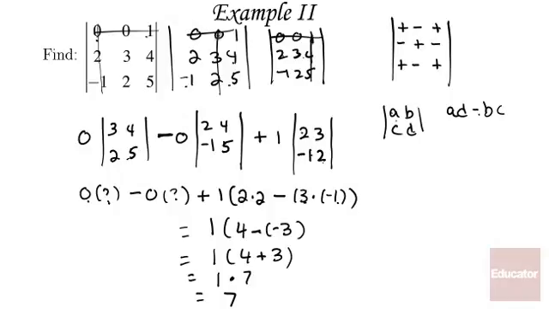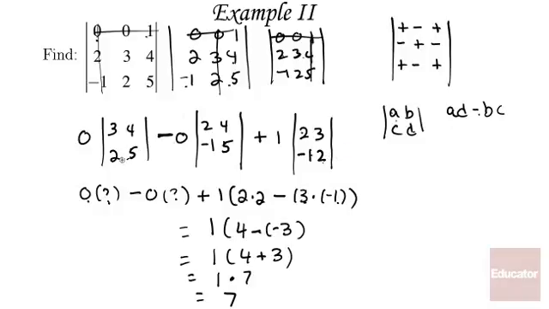For this next number, it was a 0, and I said there's a negative associated with that and a 0. And then I crossed out the row and the column that 0 was in and was left with 2, 4, negative 1, 5. I wrote those there. For the third element here, which was 1, I said, hey, positive is associated with that, so I put plus 1. I crossed out the first row and the third column and was left with 2, 3, negative 1, 2.